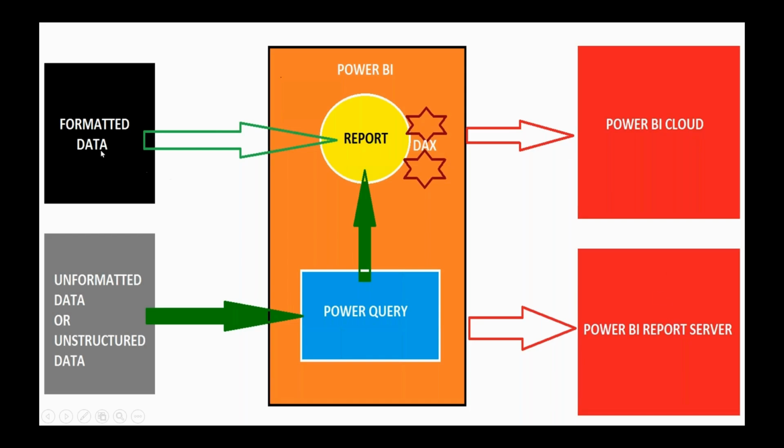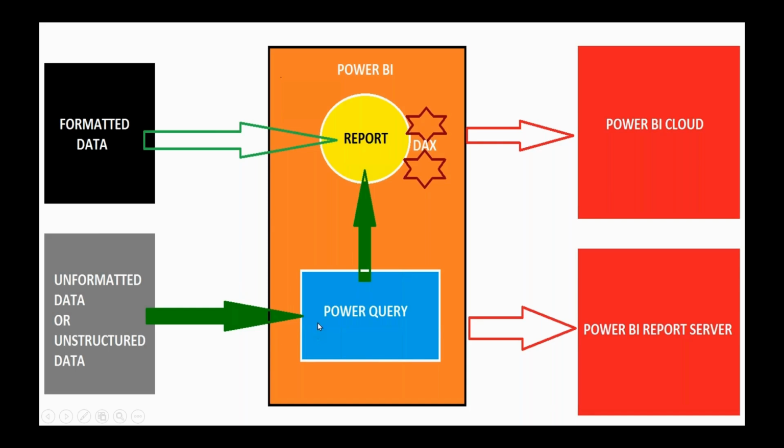I repeat again, we are going to work with formatted data, initial few examples. Then we are going to work with unformatted data, few additional examples. This unformatted data is given to Power Query, an engine that can be used for extraction of data from multiple sources.